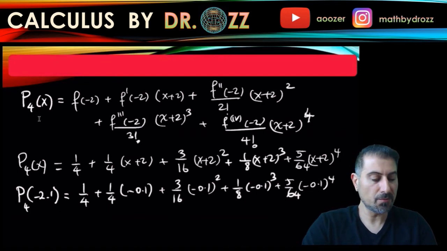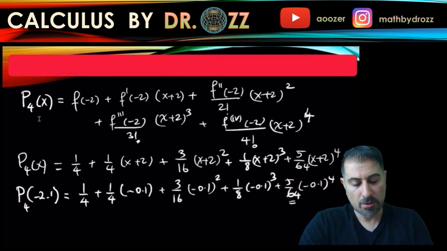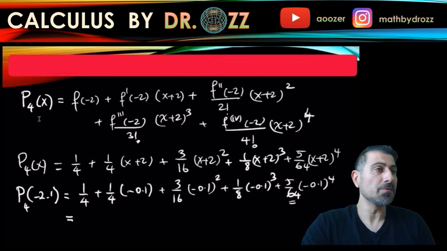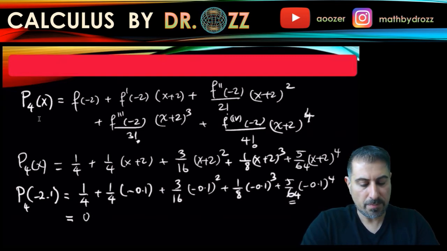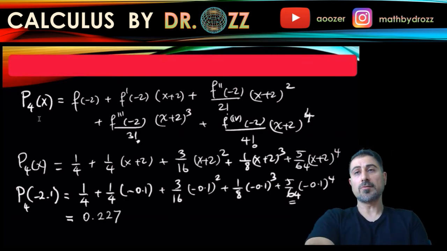And this should be 64, by the way. Okay. And this time you can use your calculator because we're having an approximation. So if you crunch the numbers with your calculator, I should have 0.227 approximately, if I keep 3 decimal places and round off at the 3rd decimal place, okay?